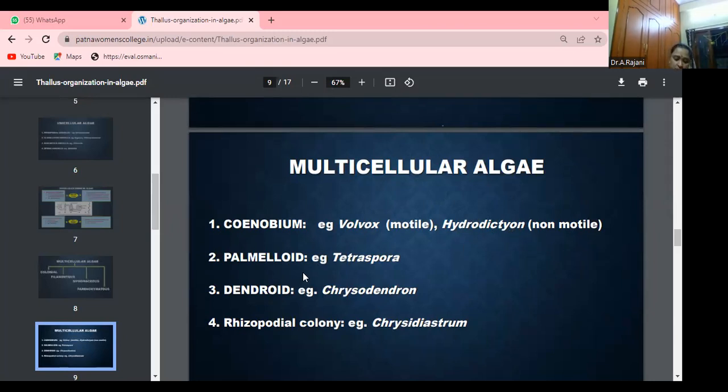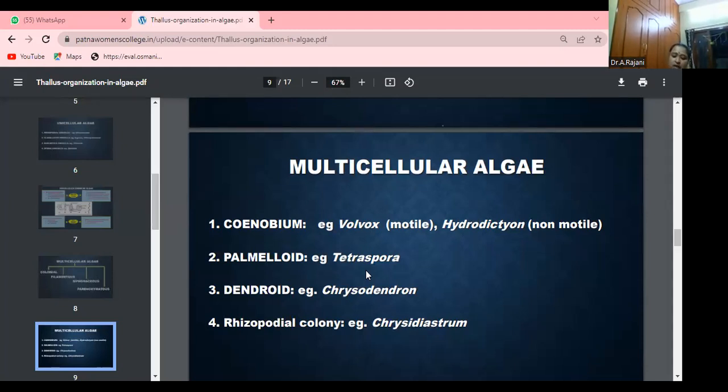The second one is palmelloid. What is a palmelloid colony? What structure is there? In the palmelloid, the colony has no fixed number of cells. In the coenobium, there is a fixed number of cells. In Volvox, you can observe 50 to 50,000 cells fixed.